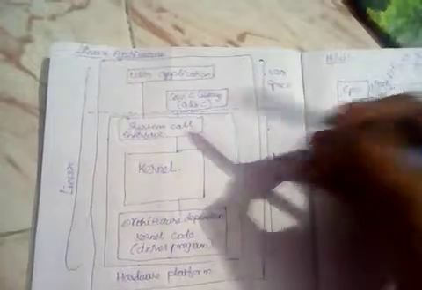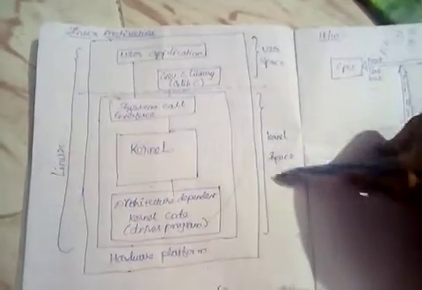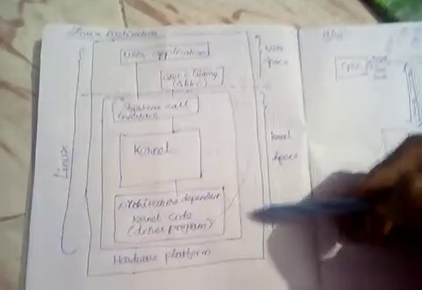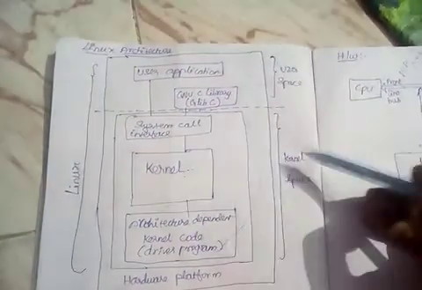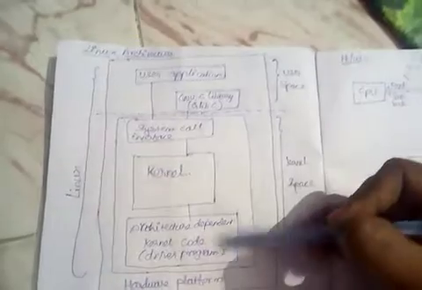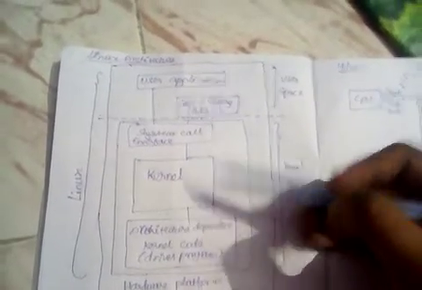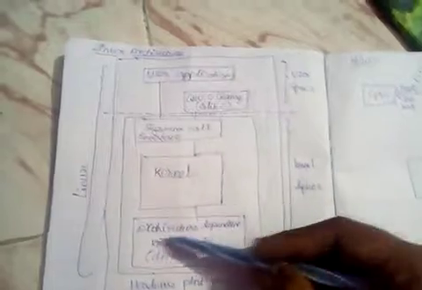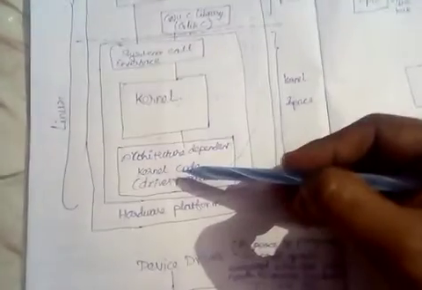When it comes to kernel space, this is our main part for driver development. In kernel space, three important blocks are there. One is the system call interface, then the kernel, then architecture dependent kernel code, which is also a type of driver. Actually, we have a driver over here.